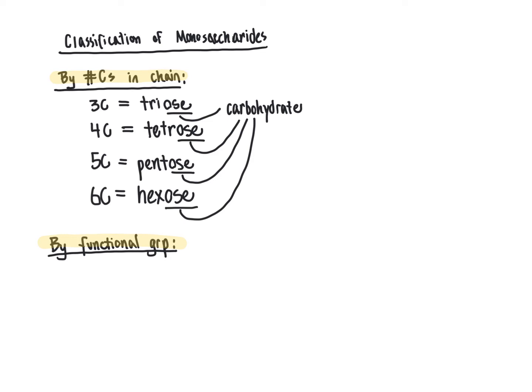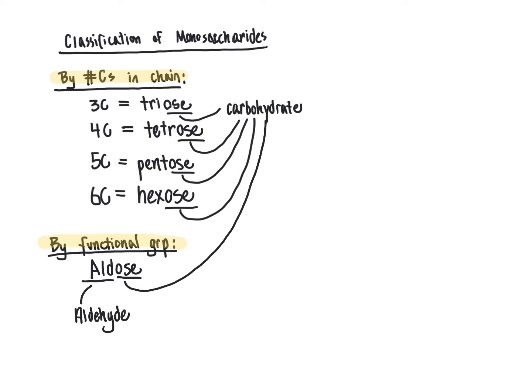Monosaccharides in general will all have hydroxy groups, OH groups, so that's not a good way to distinguish between different monosaccharides, but they do differ in having an aldehyde versus a ketone functional group. And so we refer to aldoses, where the OSE suffix refers to the fact that it's a carbohydrate, and ALD refers to the fact that it has an aldehyde functional group.